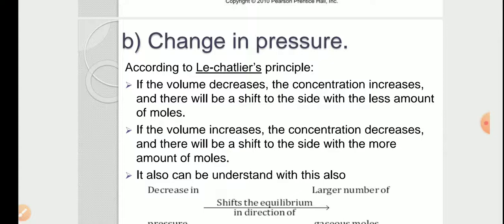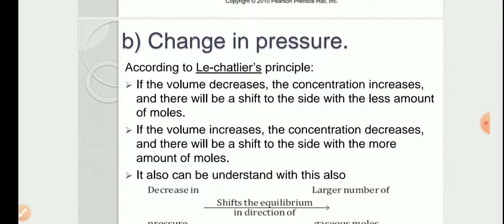If the volume decreases for a particular reaction, then the concentration increases, and there will be a shift to the side with fewer moles. And if the volume increases, the concentration decreases and it will shift to the side with more moles.